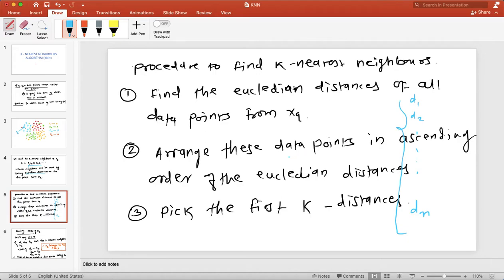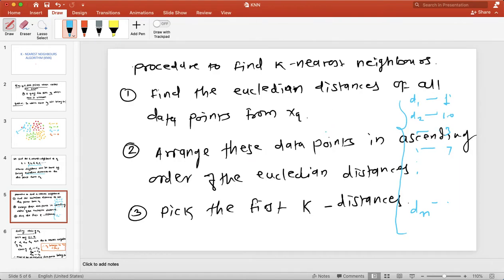Then arrange these data points in ascending order of their Euclidean distance. For example, let's say the Euclidean distance of D1 is 1, this is 10, this is 3, 7, and so on and so forth.